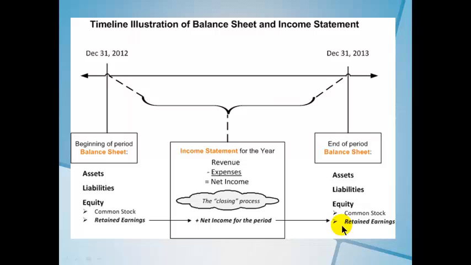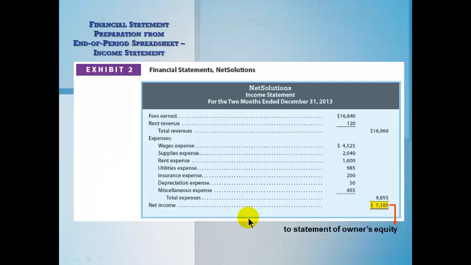And remember, in your book, instead of a corporation, you're talking about a sole proprietorship, so you have one owner's capital account, and that owner's capital account then receives the benefit of this net income for the period. In this illustration, there's some net income for the year, which is $16,960.